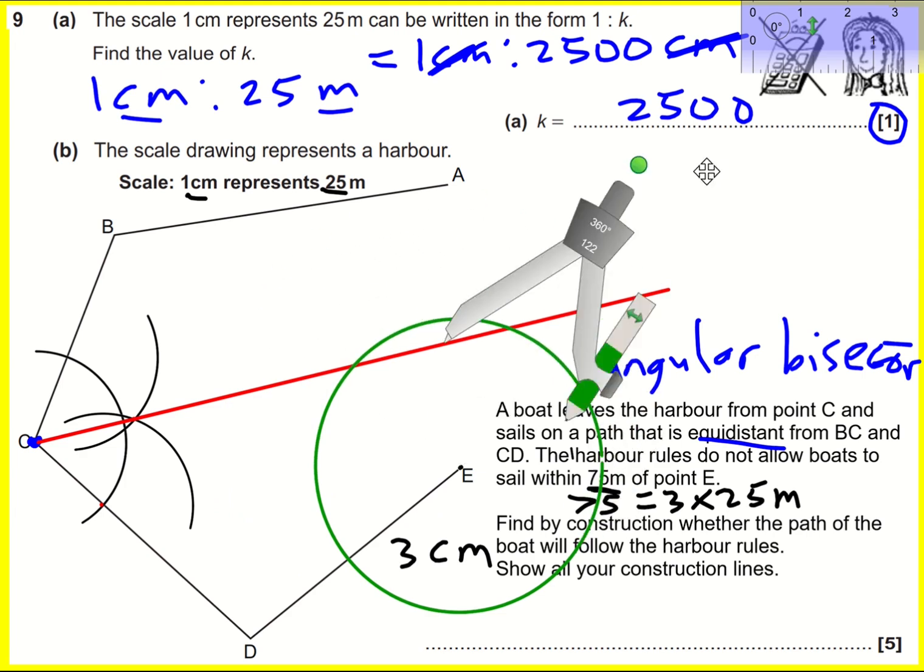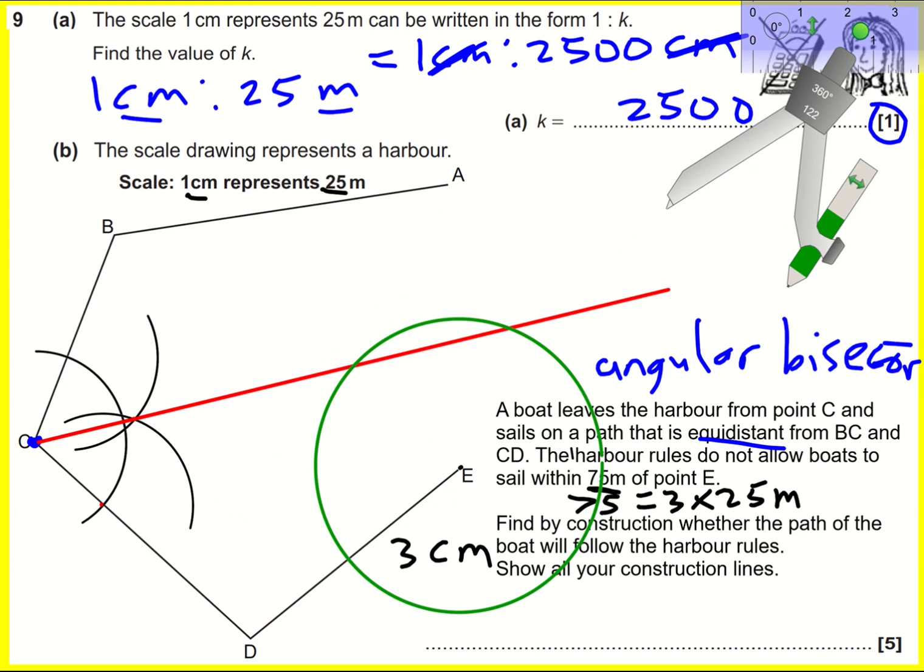Aha, there's an issue here. The boat is moving along here. All my 75-meter points are on this green line, and you can see that the boat passes between it. This is not a good thing. This means they're breaking the rules.